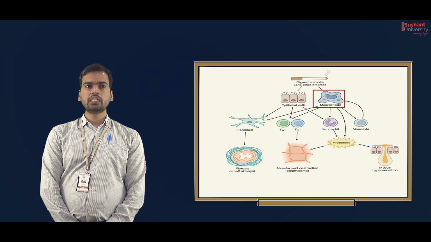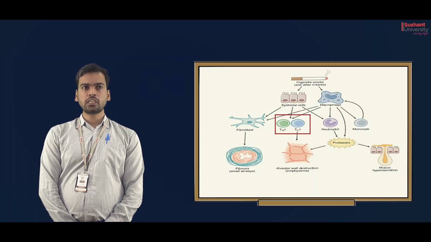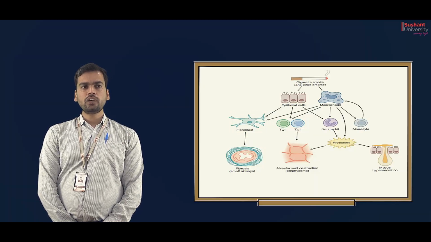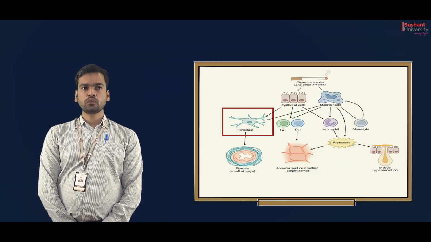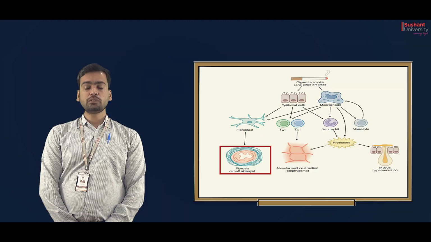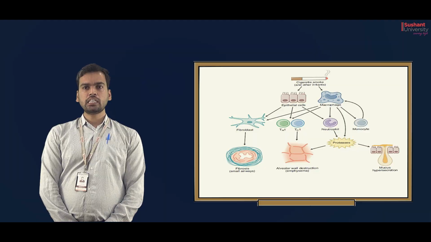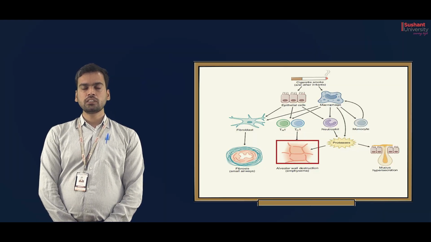By acting on the epithelial cells, they increase fibroblasts, Th1 cells and TC1 cells. Acting on fibroblasts causes fibrosis, which narrows the airways. Th1 cells and TC1 cells cause inflammation in our body.